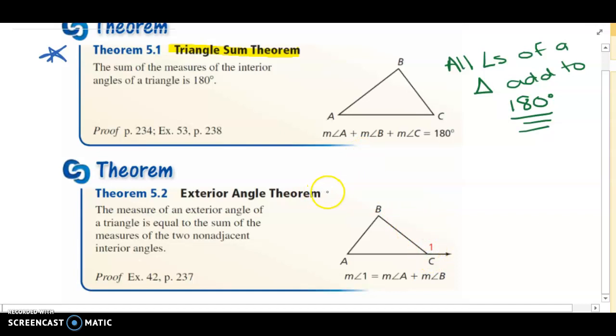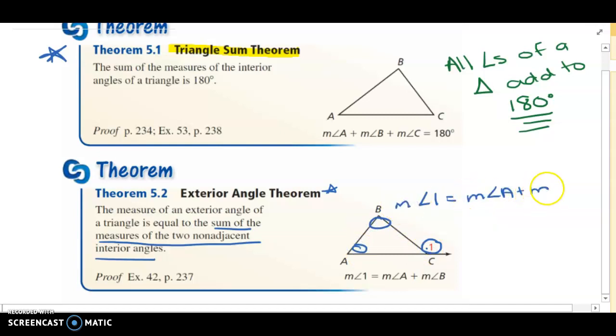The exterior angle theorem tells you that an exterior angle of a triangle is equal to the sum of the measures of the 2 non-adjacent interior angles. So for example, in this figure, angle 1 is equal to the 2 non-adjacent angles, these 2.